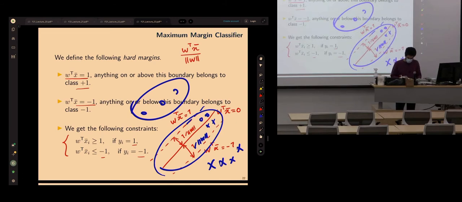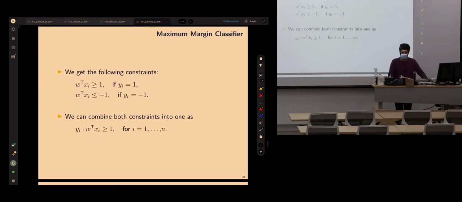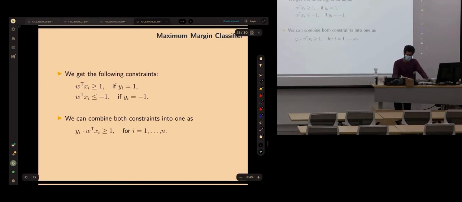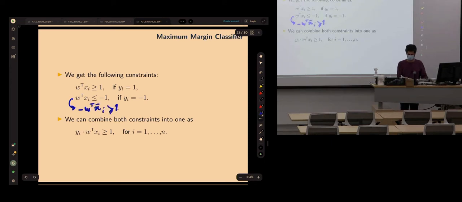Now, if I combine these two constraints, you can do something smart. The second one you can write as negative of W transpose X bar i greater than or equal to 1.